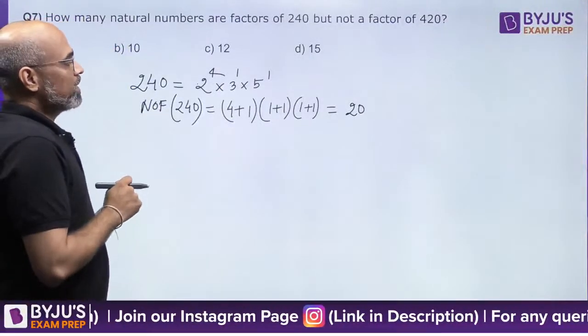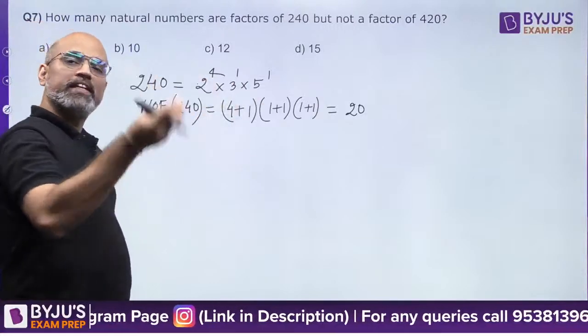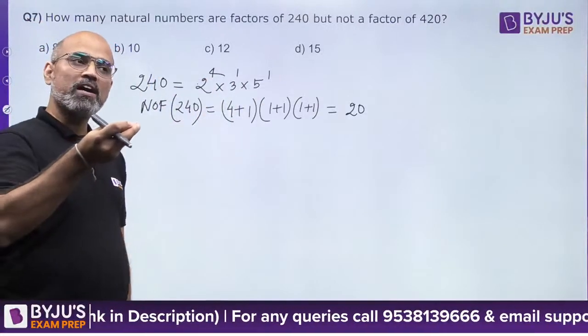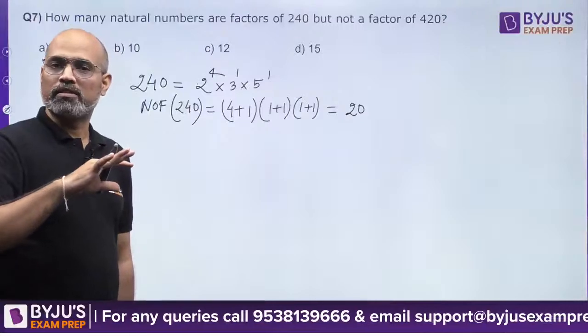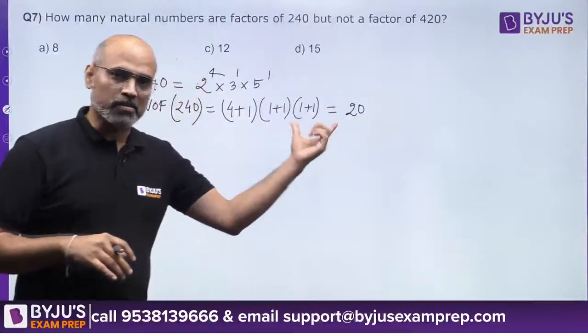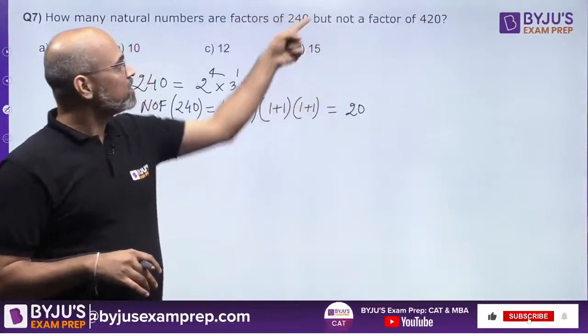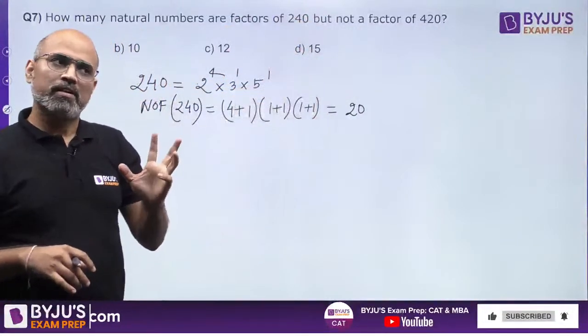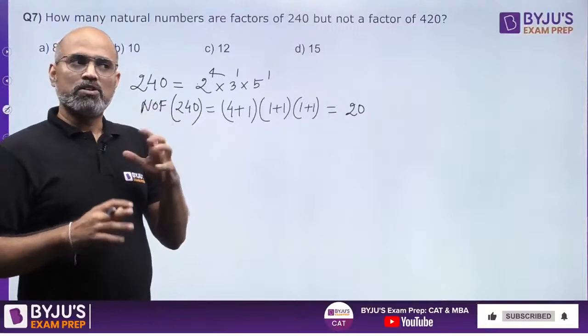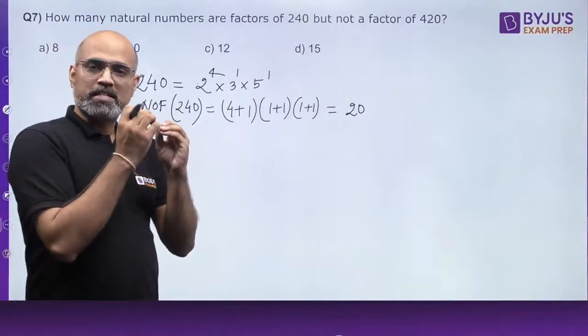Now, question arises, out of these 20 factors, how many are unique to 240? Out of these 20 factors, whatever they are, how many exist only in 240 and it doesn't exist in 420? कैसे figure out करें? So again, we are going to use a simple thing.